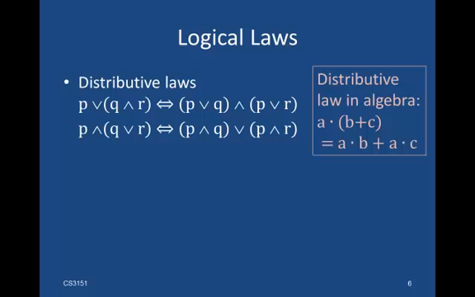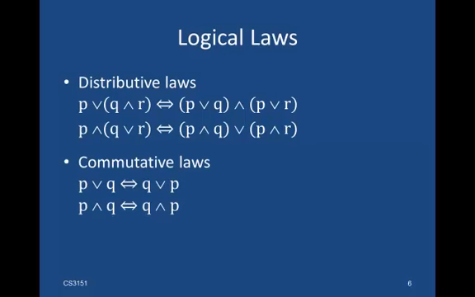Here the conjunction plays the role of the multiplication and the disjunction plays the role of the addition. Interestingly, we can swap the role of the and or operator and the distributive law still holds. This is not the case with multiplication and addition. That is, the distributive law does not hold if we swap the role of the multiplication and addition operator.